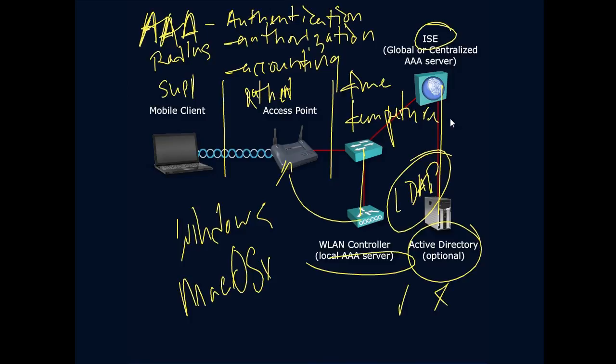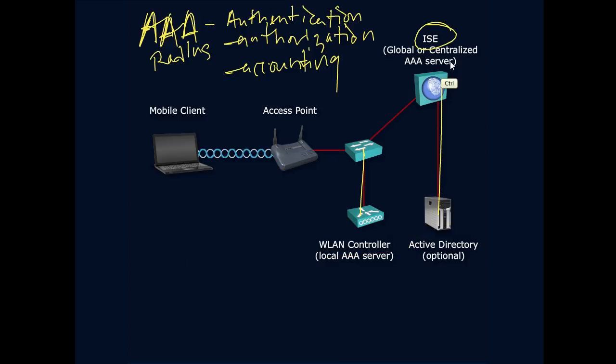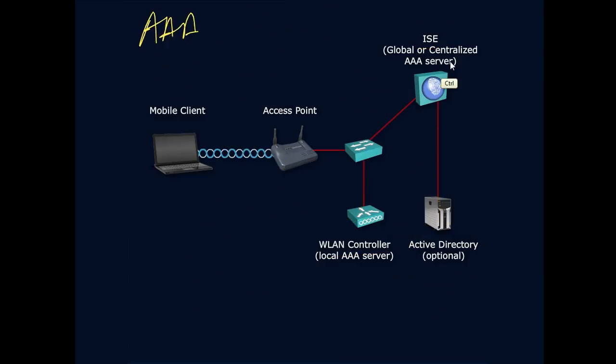So how does this work? Well, this can be based on information connected to the RADIUS server. Let me clean this up a little bit. This can be based on other servers that are connected as well. A time server.